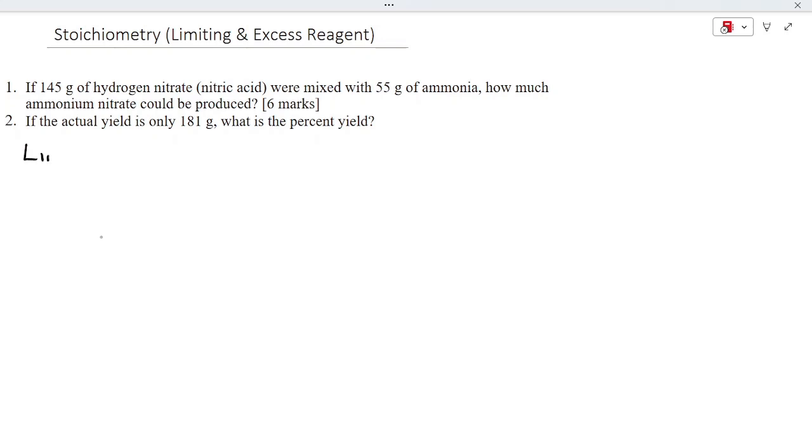So we simply just note this, that the limiting reagent is in charge, or basically determines the product amount. Why?